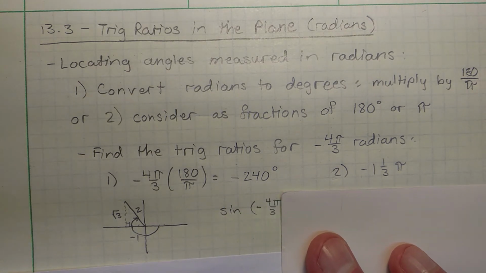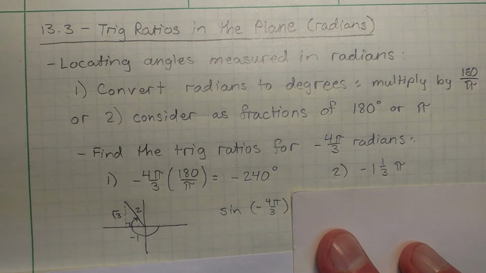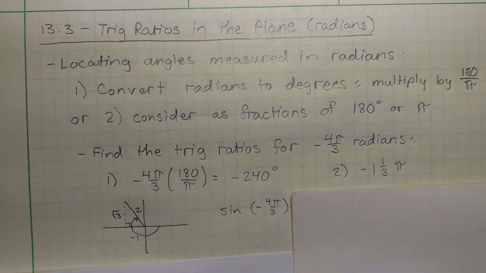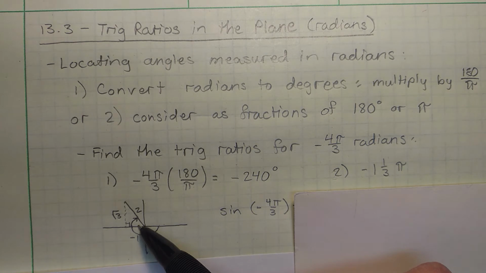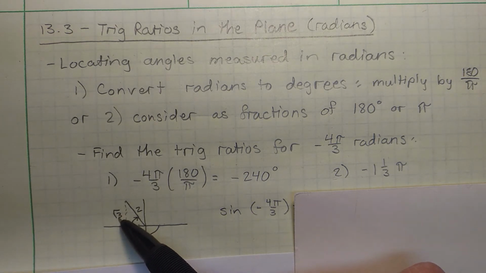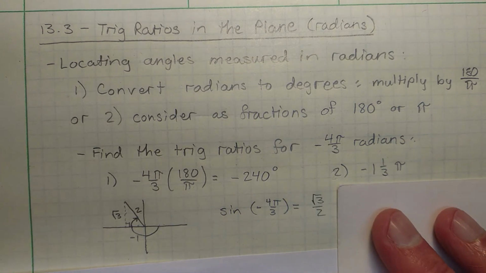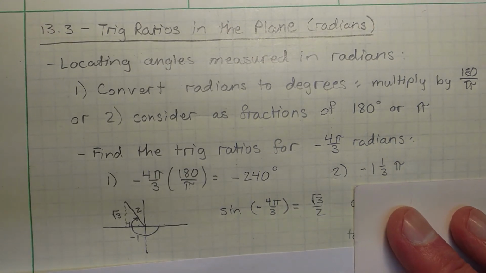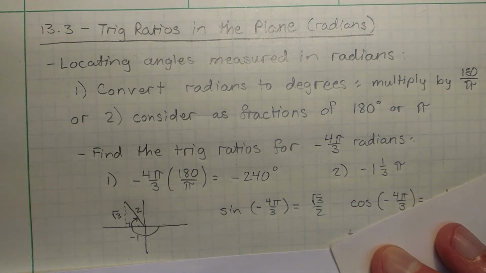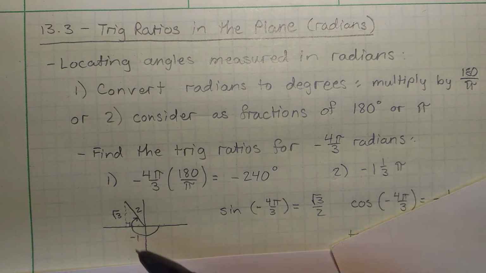So my first ratio, I want the sine of negative 4 pi over 3. So this is just a review of what we did before. For sine, we look at the opposite side, which is this radical 3, over the hypotenuse, which is 2, so I get radical 3 over 2. Then I want the cosine of negative 4 pi over 3.